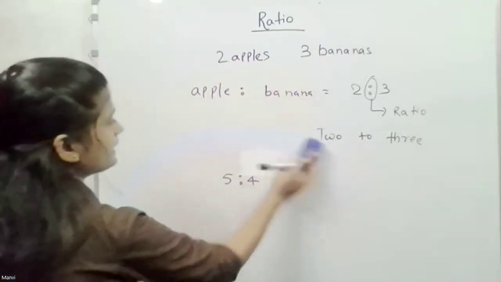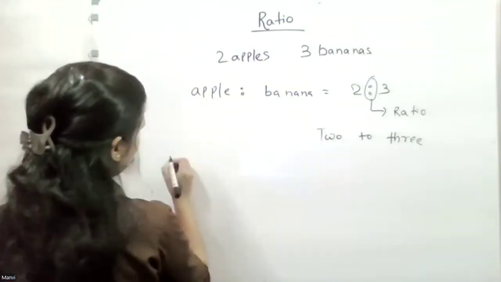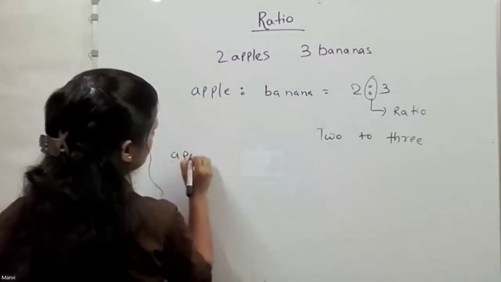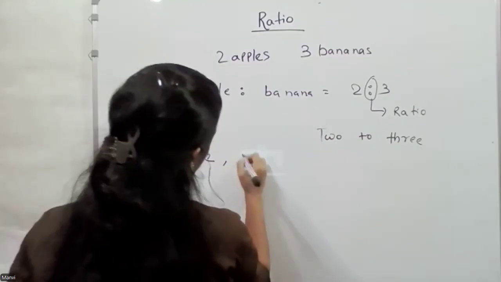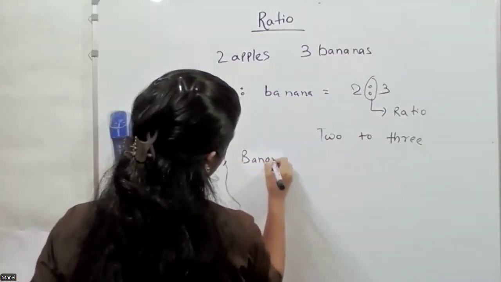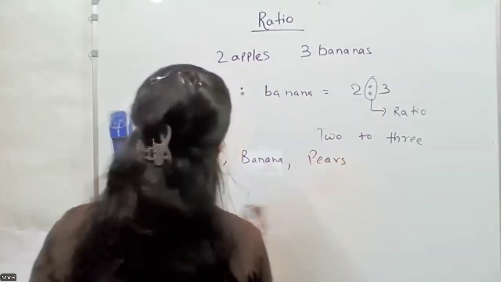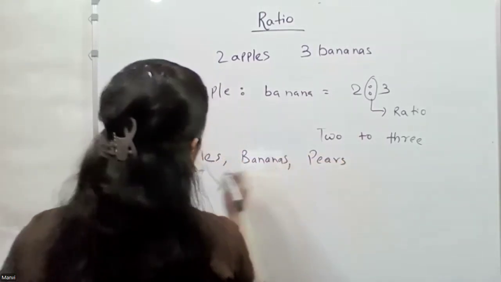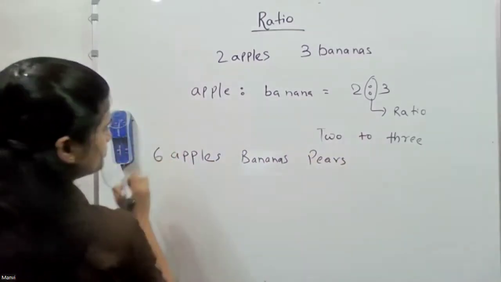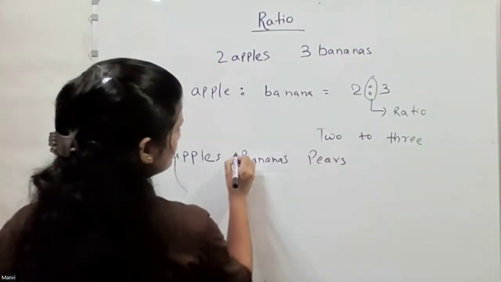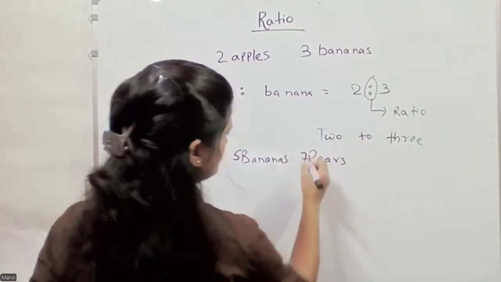Sometimes we can compare more than two parts, like apple to banana to pears. Maybe I have 6 apples, 5 bananas, and 7 pears.